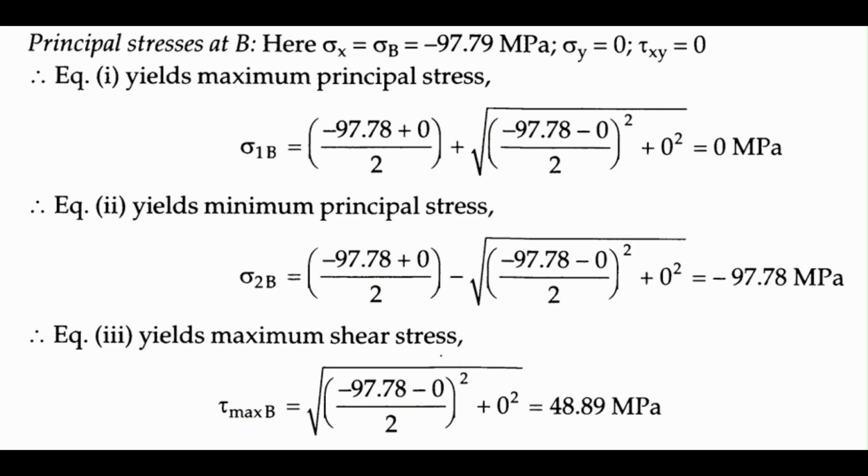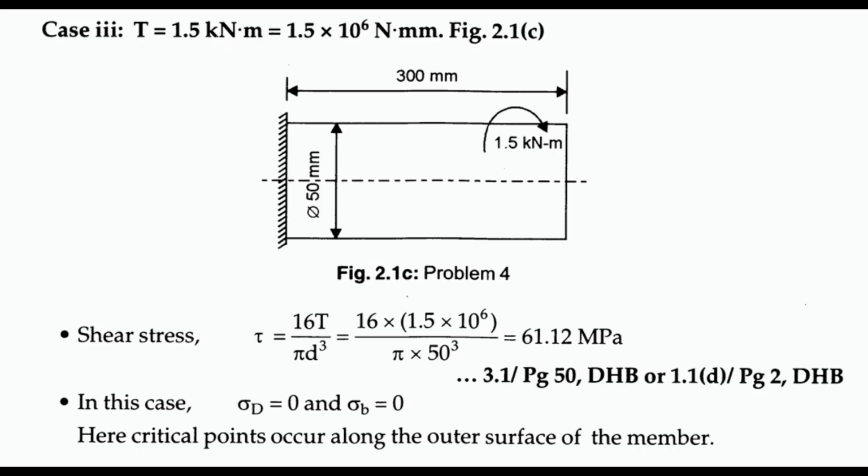Third one is the torsional load case. So let's look at how to solve that. This is the third case. We have a torque of 1.5 kilonewton meter acting in the clockwise direction. So that is represented in the given figure. Just like we did for the axial stress condition and bending stress condition, we have to find the shear stress.